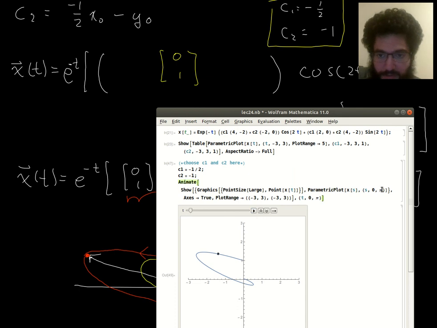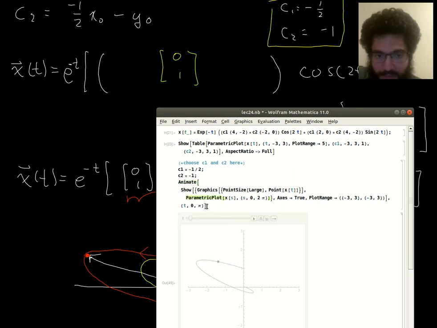Let's let it do 2 loops around. So 2 pi, that's 2 periods for this thing because it has an angular frequency of 2. And now it can do 2 loops around. There's one, now it's doing the other one, and the other one's really tiny. So you see that's spiraling in.